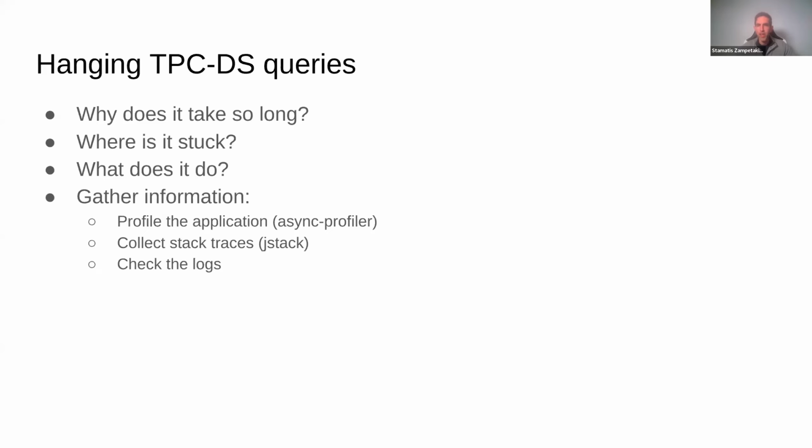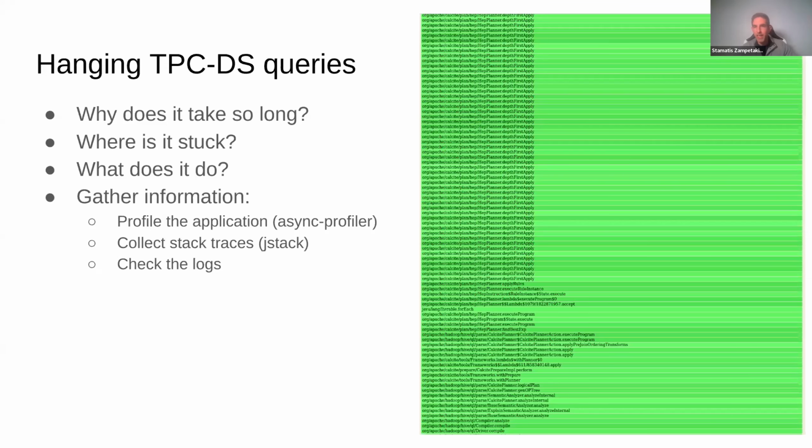So let's say that we use async profiler for that. You can barely see the flame graph on the right for this query, but what is worth seeing is that it is big. It has a big stack, and it's basically pruned because I couldn't fit this nicely into a slide.